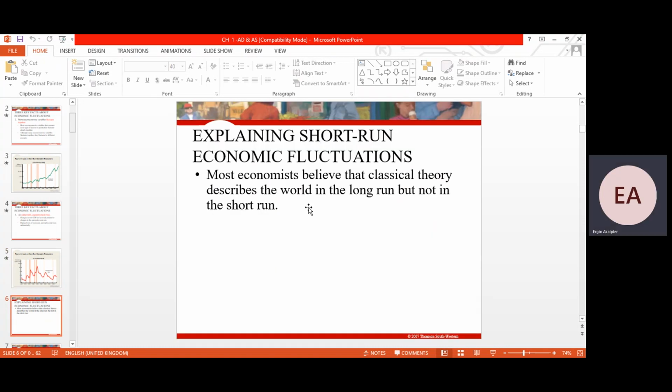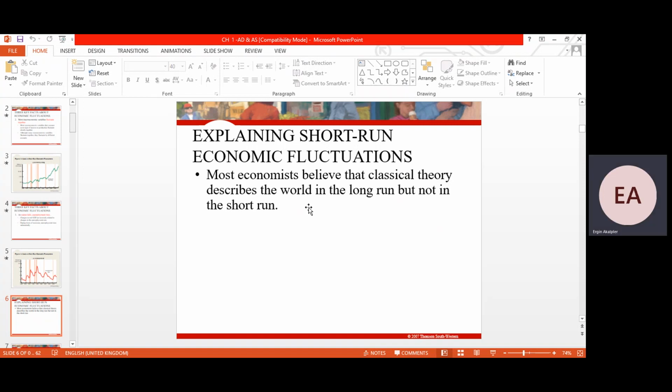Explaining the short-run economic fluctuations, most economists believe that the classical theory describes the world in the long run, but not in the short run. Because in the long run, the world economy is explained, and in the short run, up to 1 year, the economic activities are defined.